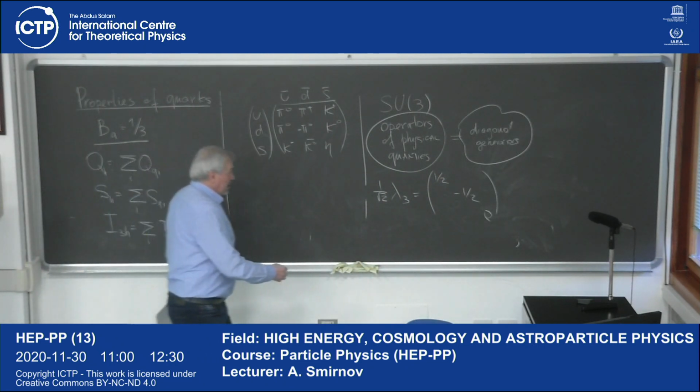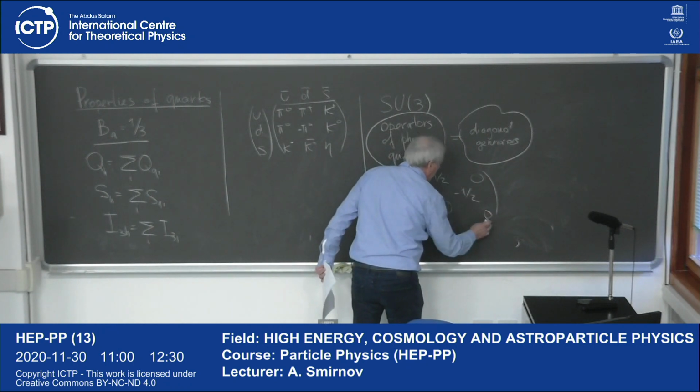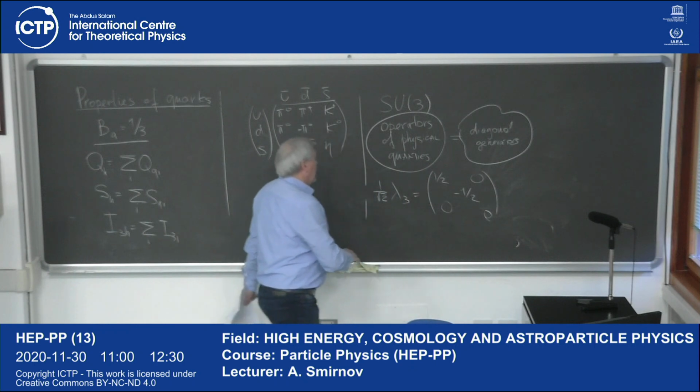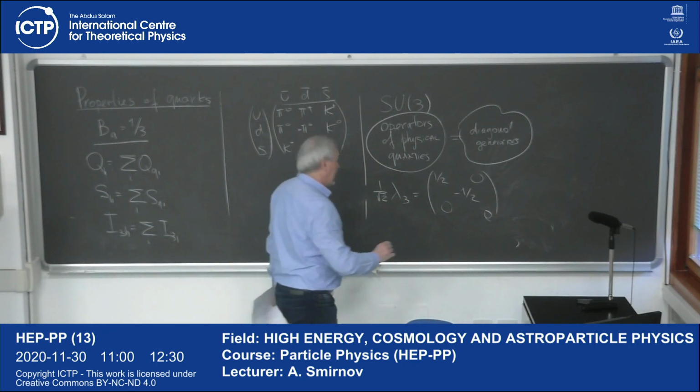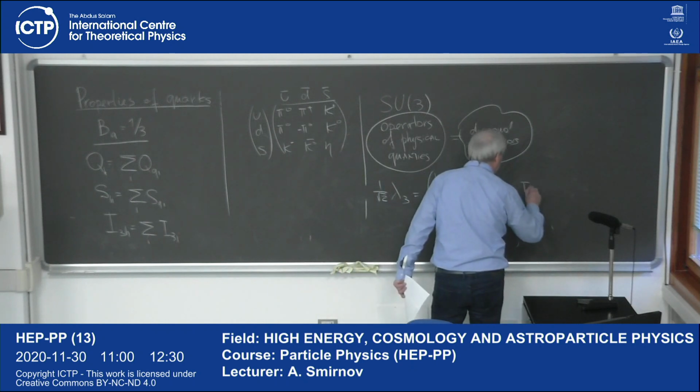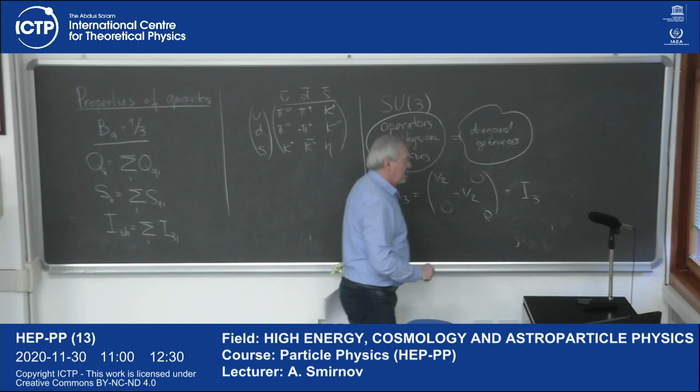And so this is diagonal. All diagonal elements are zeros. Here is also 0. And clearly we can identify this diagonal operator with I3, the operator of the third projection of isospin.